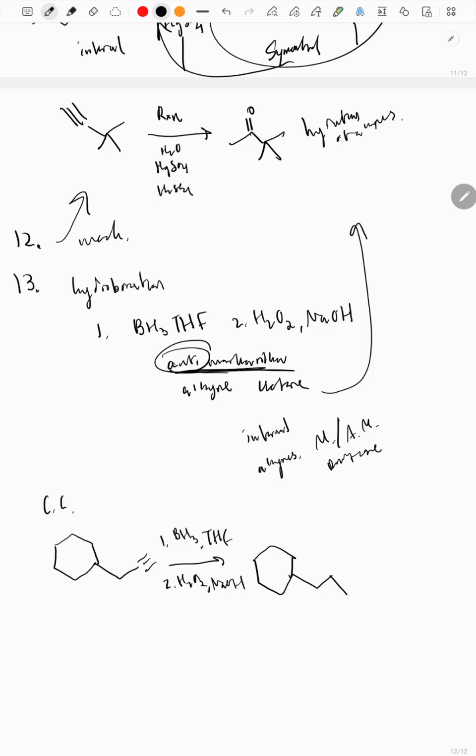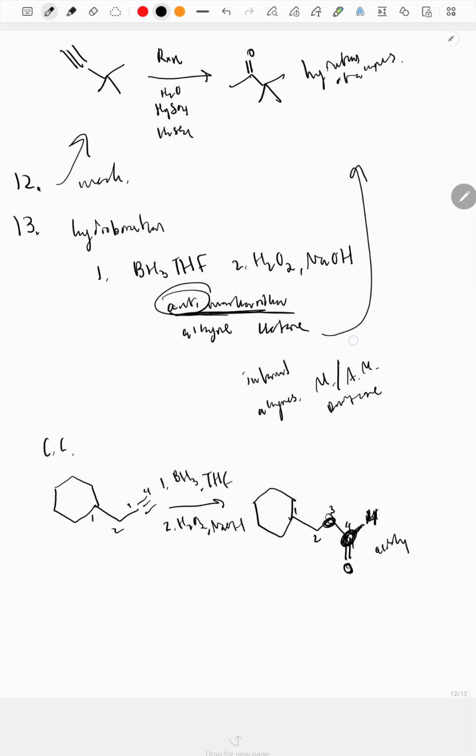Well, what I think will happen is we have 1, 2, 3, 4. 1, 2, 3, 4. I think you should get this. We should get an aldehyde, because we still have the same number of carbons. If it was hydration, the H2SO4 hydration of alkynes, it would form on the 3, but instead it forms on the 4, and this is just an extended hydrogen because it's anti-Markovnikov.